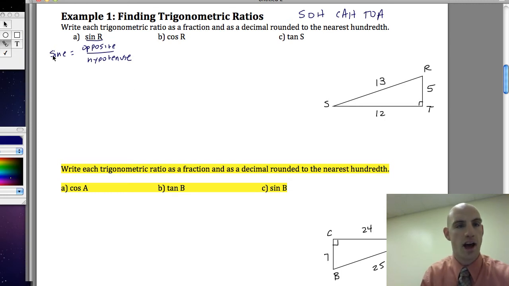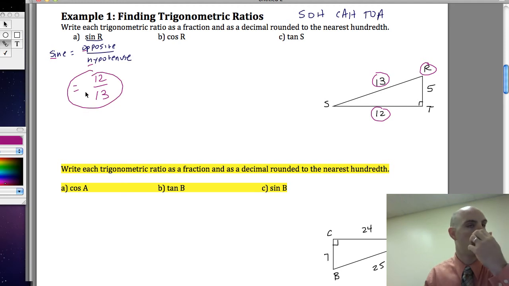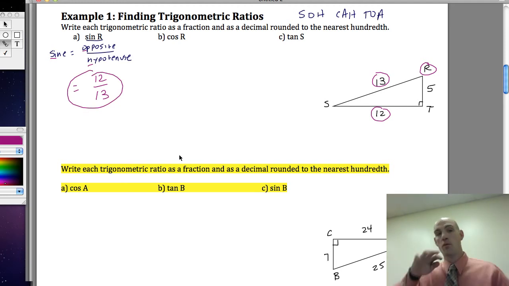So sine is S opposite H, or SOH. Okay? And the sine of R is going to be opposite 12 over hypotenuse 13. And that's my sine of R. That's it. That's all I want.